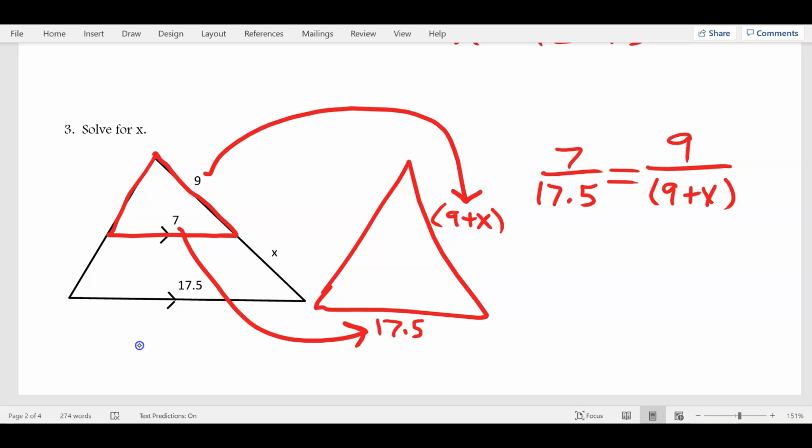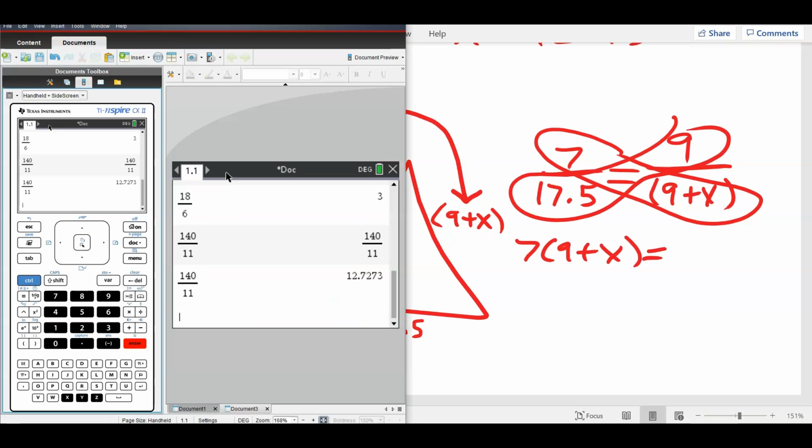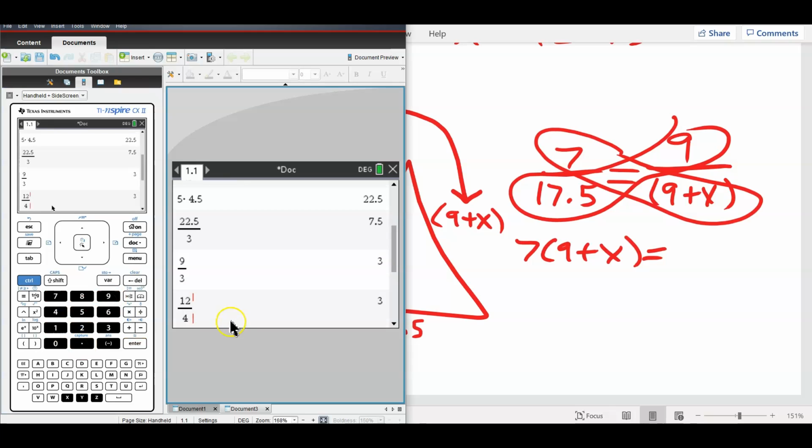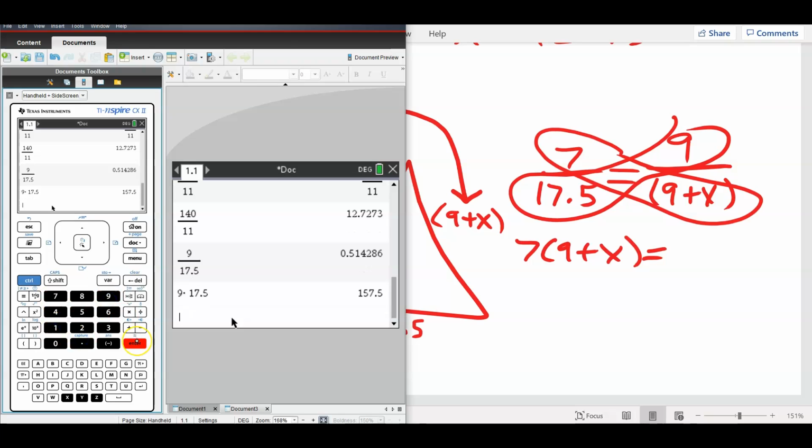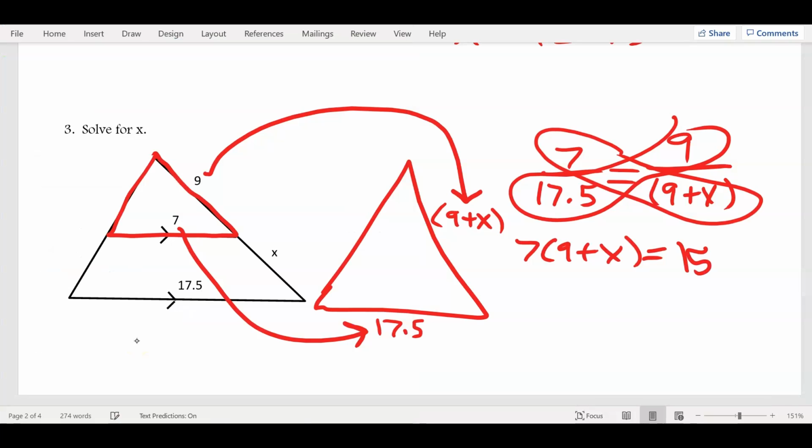So 7 times 9 plus x equals 9 times 17.5, which is 157.5. I need to distribute the 7. 7 times 9 is 63. 7 times x is 7x.